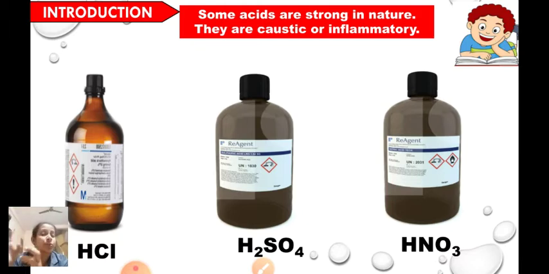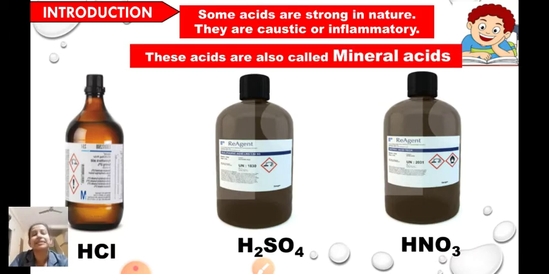Remember this, students: weak acids are found in the foodstuff which we can eat, whereas strong acids you should never taste or even put a drop of on your hand, because they are highly inflammatory, in the sense that they give a burning sensation. It can burn that part of your skin wherever it falls, so you have to be very careful.